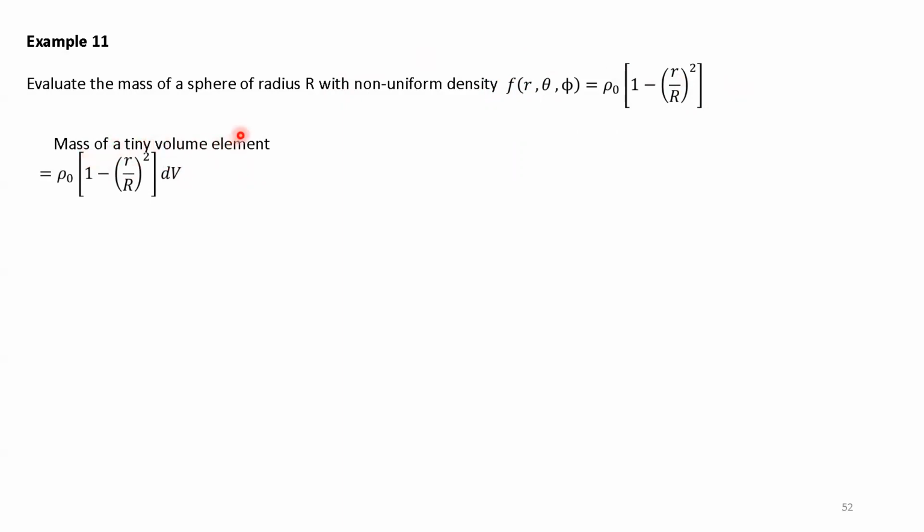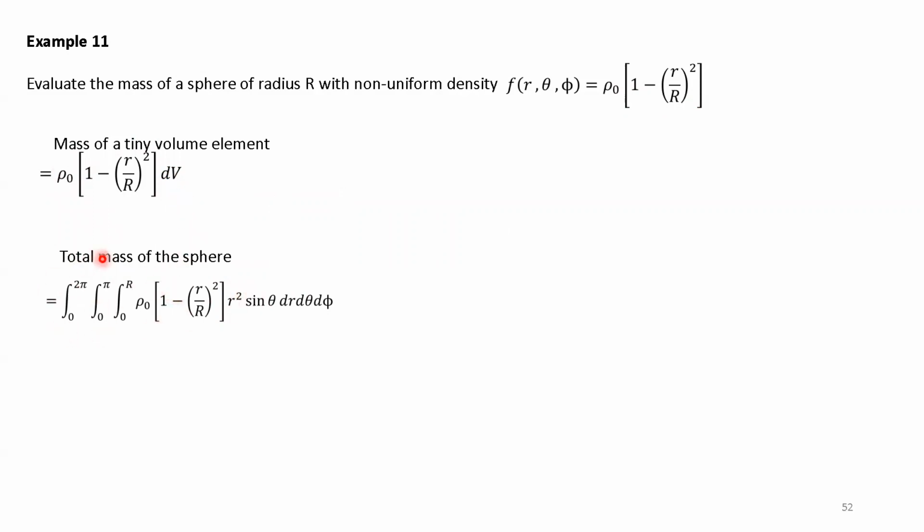For a tiny volume element of the sphere, the mass is given by the density times the small volume dV, and you know that dV is r squared sine theta dr d theta d phi. So to find the total mass, I need to integrate over the entire sphere.